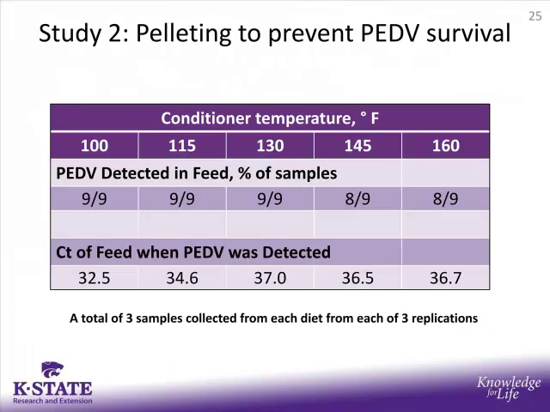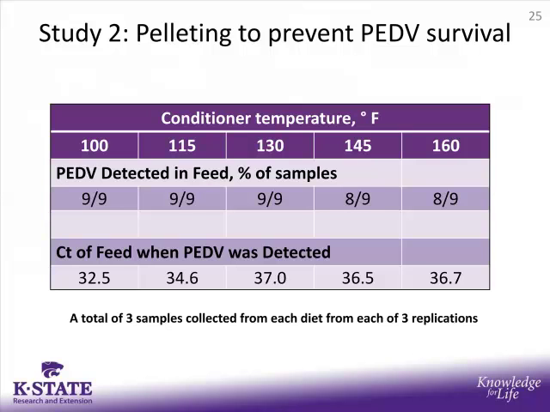That then led to the reason that we conducted our next study, where we looked at 15-degree increments from 100 to 160 degrees conditioning temperature. We did this at a 30-second retention time to really minimize how long the feed lasted in that conditioner. PED was detected in all of the samples through 130 degrees, and then in 8 of the 9 at 145 and 160.